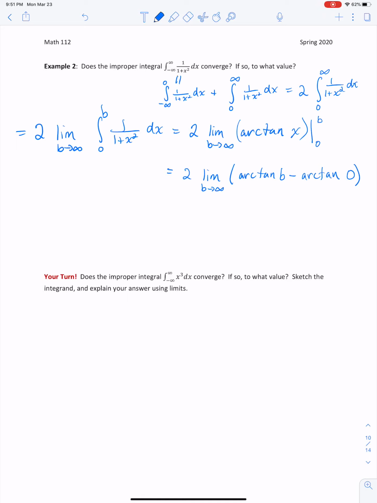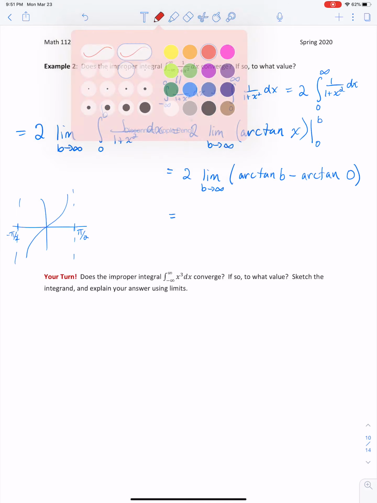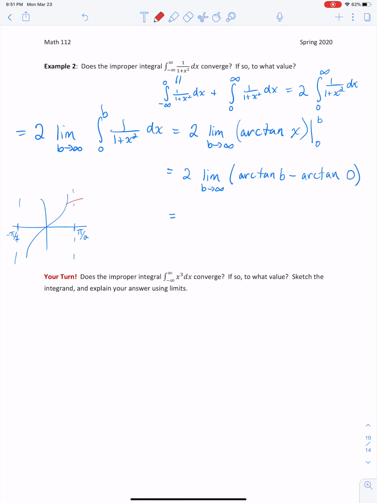So if you think about the function tangent, this has asymptotes at minus pi over 2 and pi over 2. So when you look at the inverse function, we just flip this function across here.